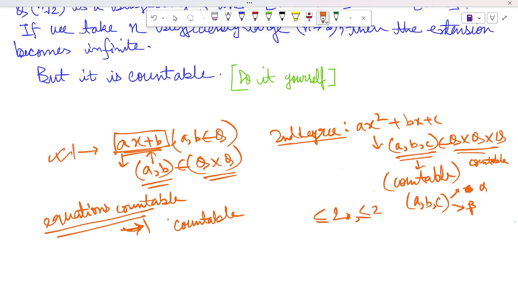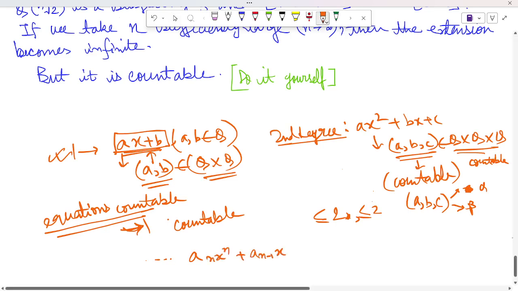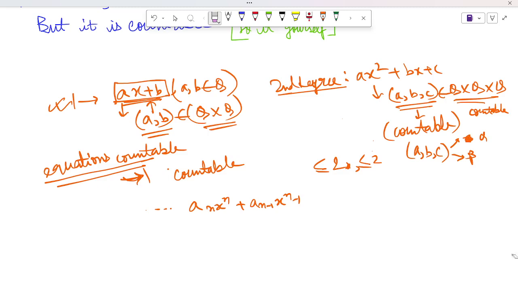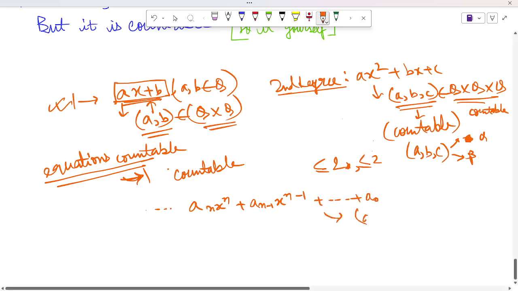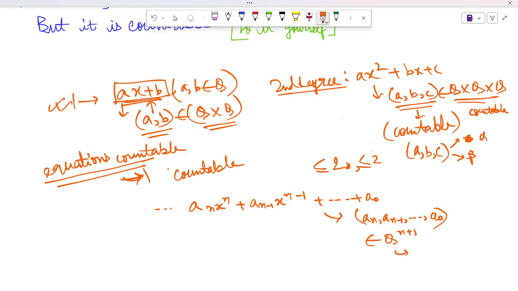Now for degree 3, and for general degree n, there is a_n x to the power n plus a_{n-1} x to the power n minus 1 plus ... plus a0. I can associate this to a tuple in Q to the power n plus 1, which is countable.